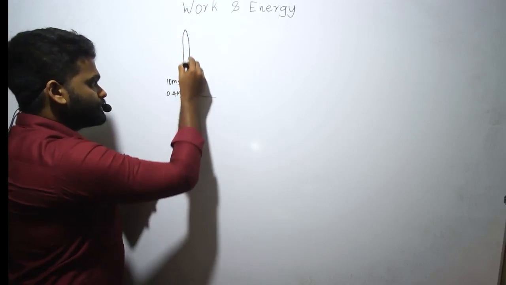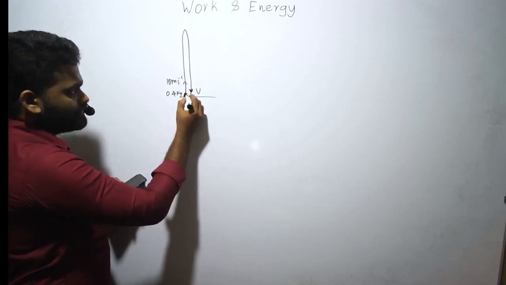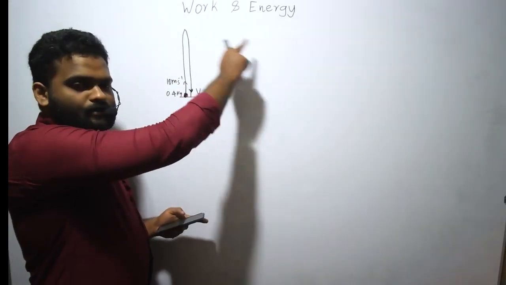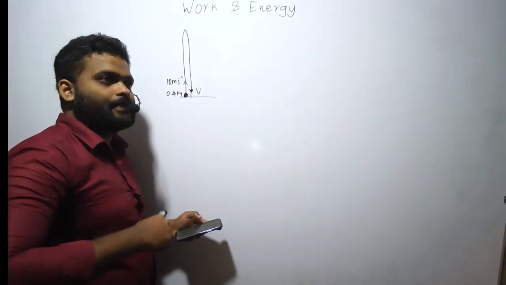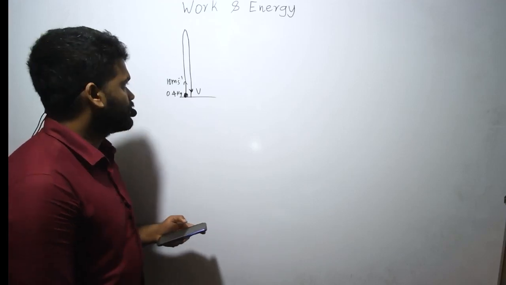So it goes up, comes down. What they ask is the velocity at which this ball hits the ground. If there is no air resistance, we know that velocity should be 10 meters per second, right? But there is air resistance, so it slows down the ball.